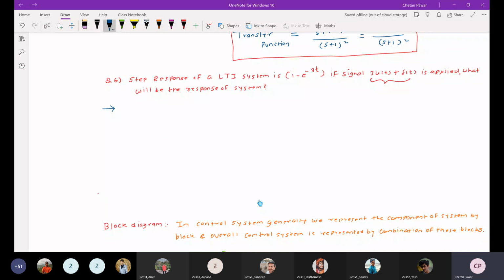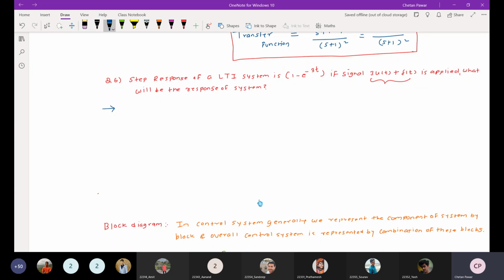Here the system step response is given. As you know, if you find the transfer function of the system, or the impulse response of the system, then by taking the Laplace transform, we can just multiply the input signal with that transfer function and calculate the output response of the system.